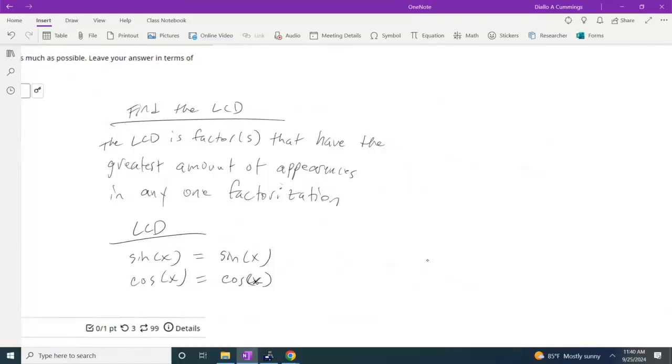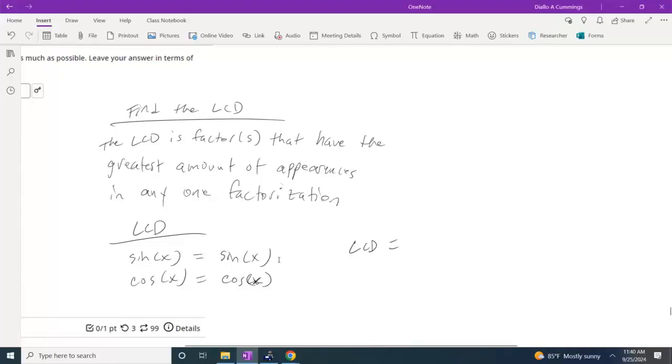So now I'm going to apply this definition. It says the least common denominator is the factor, and I have two factors, a sine and a cosine, that have the greatest amount of appearances in any one factorization. How many times does the sine term appear in my first factorization? Just once.